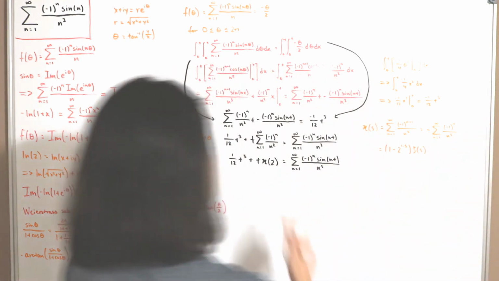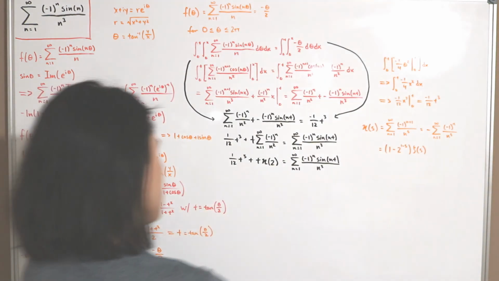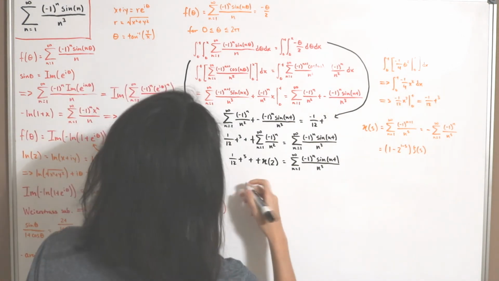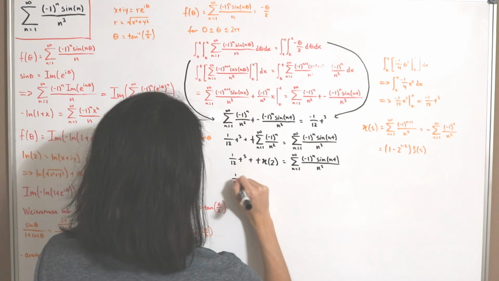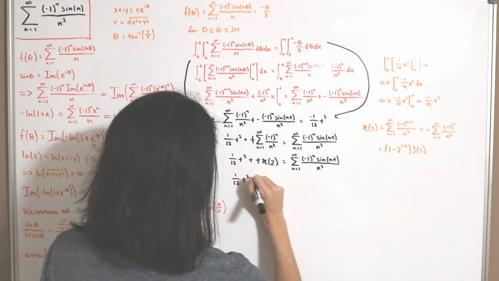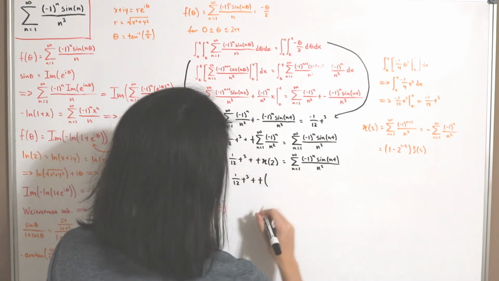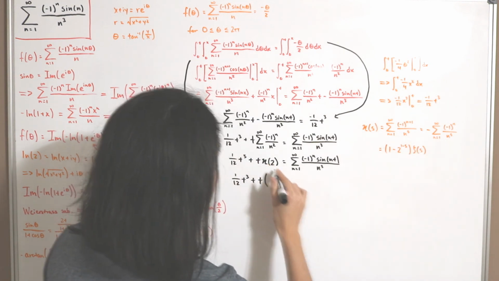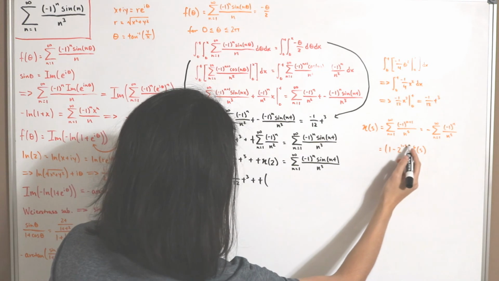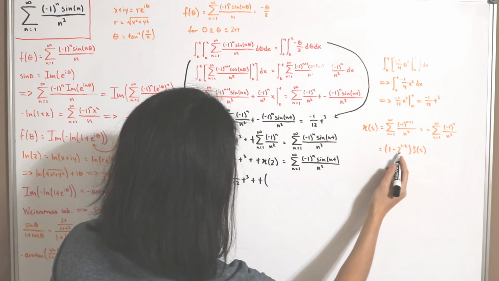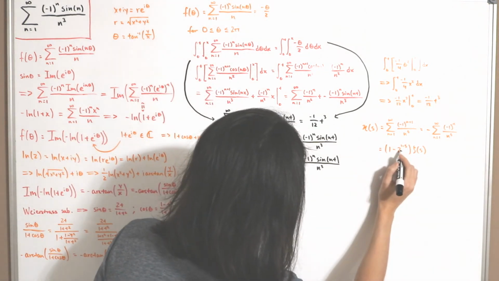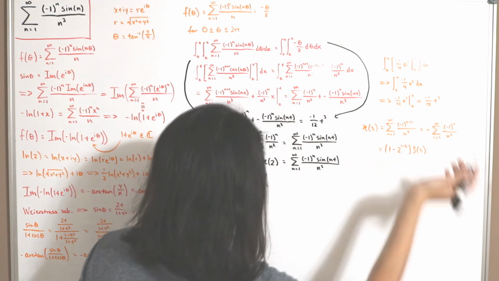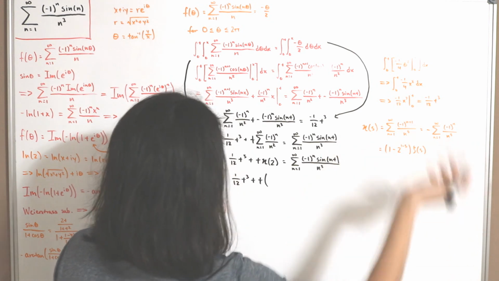Okay, so with that we can actually evaluate some stuff here. So when we do this, I get that this is 1 over 12 t cubed, then plus t, then multiplied by our evaluated Dirichlet eta at 2. So we replace s equal to 2. We get that this is 1 minus 2 to the power 1 minus 2. So that's negative 1. 2 to the negative 1 is 1/2. So 1 minus 1/2 is 1/2.